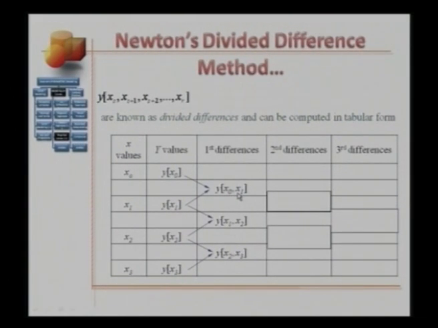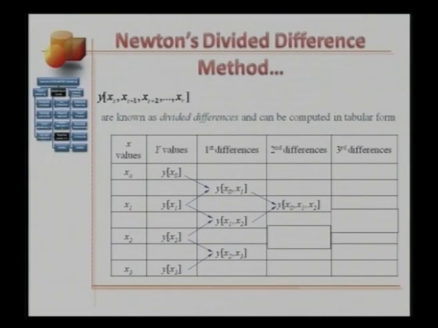Remember the notations that we had discussed previously, over x2 minus x0. What have I done here? I have considered the limits of this larger interval, and that would be equal to y within square parenthesis x0, x1 and x2.